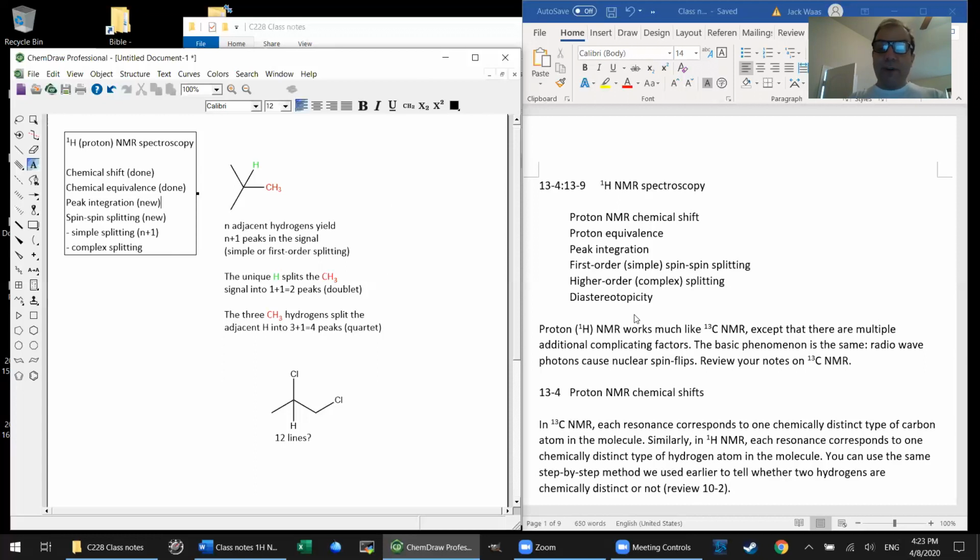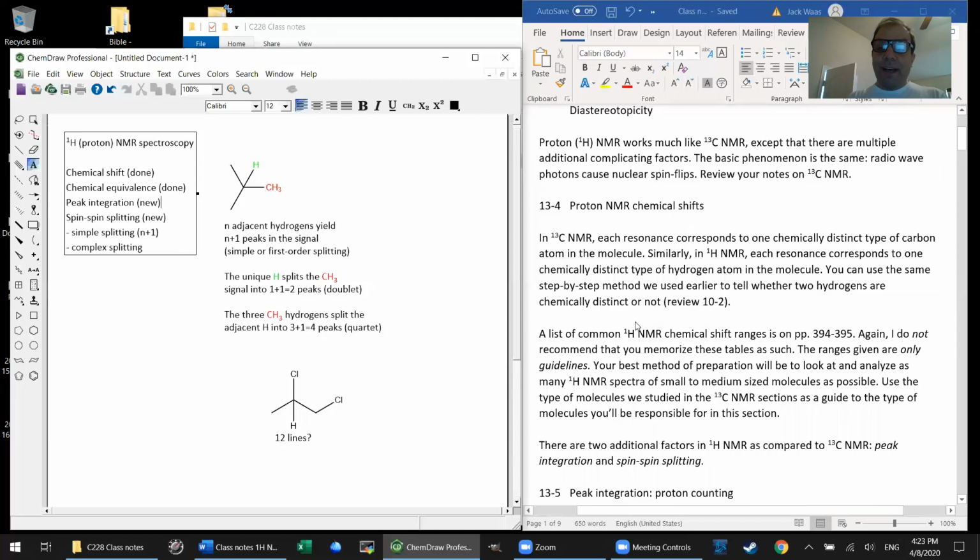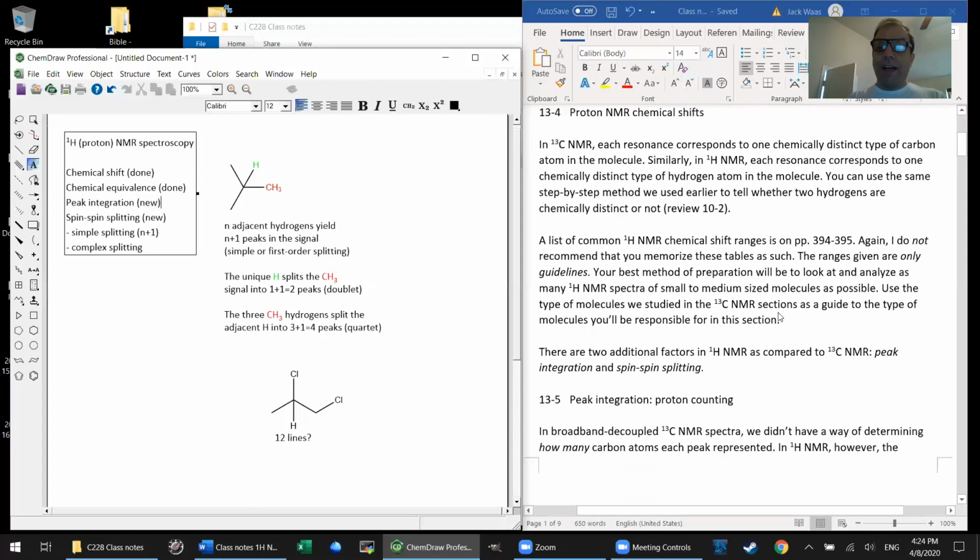Good. So that being said, I'll assume that you've reviewed carbon NMR, and that will certainly be helpful here. There is a correlation table in your textbook, which I pointed out here, for all of the different proton chemical shift ranges.